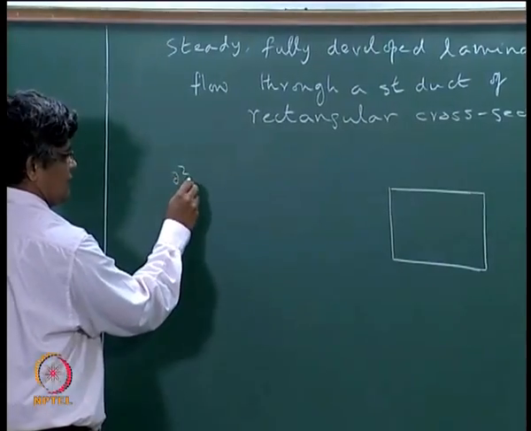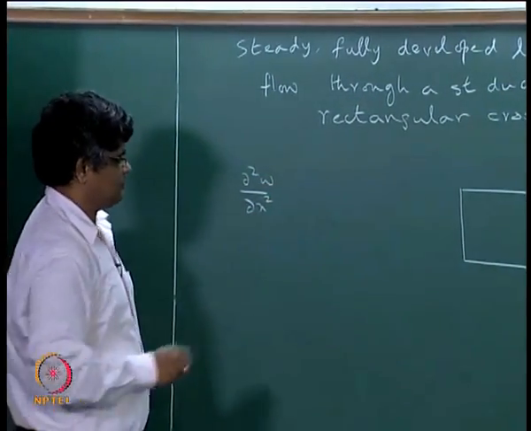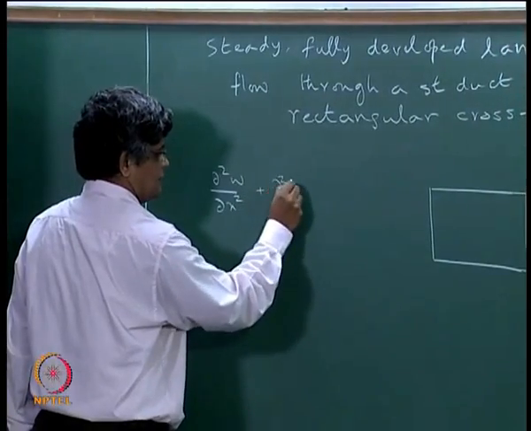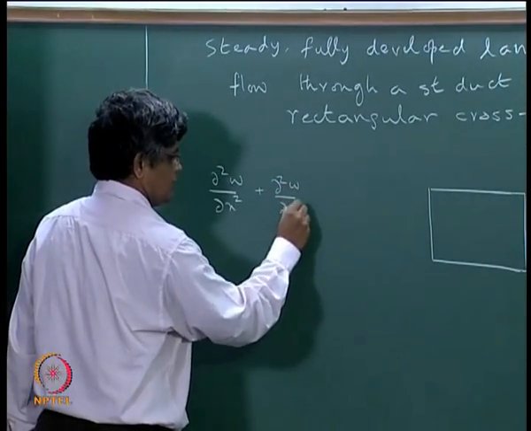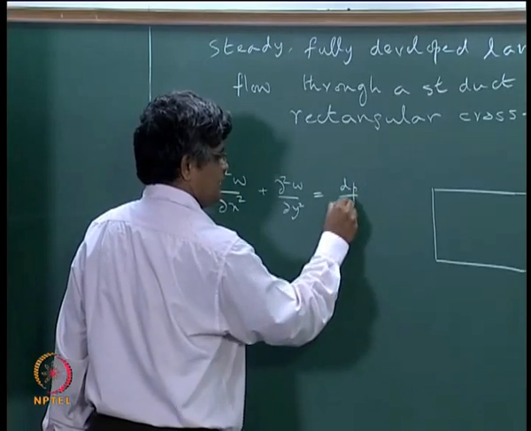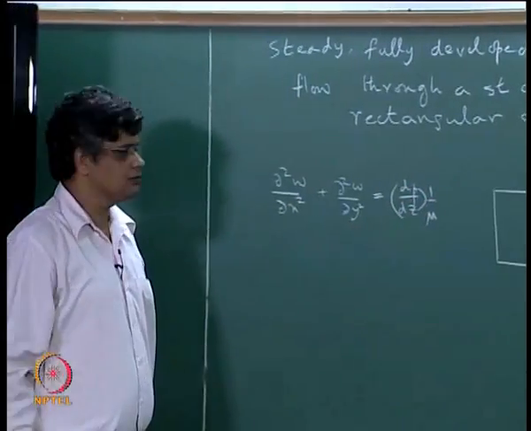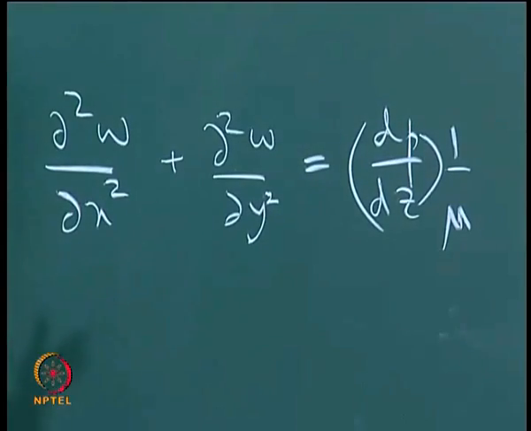The equation that we are interested in is ∂²W/∂x² + ∂²W/∂y² = (dP/dz) times 1/μ. When we want to work out, we have to put some numbers to this.